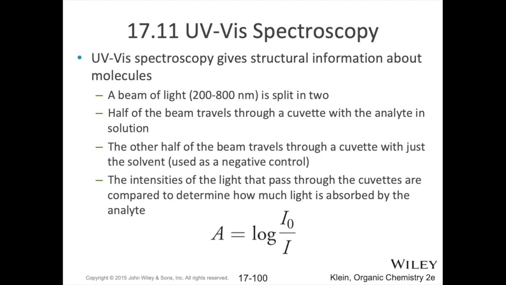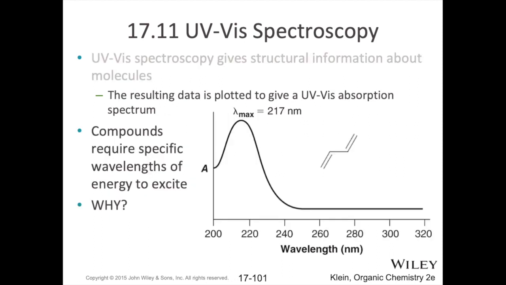And that is graphed versus the wavelength of the light that we're using. So this is what our graph looks like. We have A on our y-axis and wavelength on our x-axis, and you can see that at a certain point we have what's called lambda max.